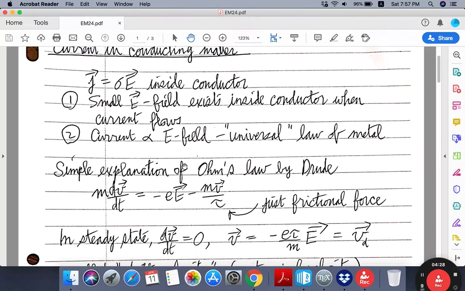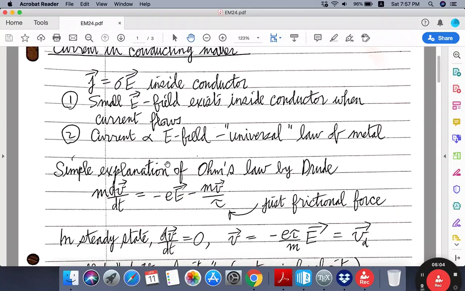Although this is an empirical law, and in a way there's nothing fundamental about this relationship, empirically it turns out that in pretty much all kinds of metals that you encounter, this relationship holds almost perfectly. So in a way, this is a kind of universal law, at least as far as metallic systems are concerned.